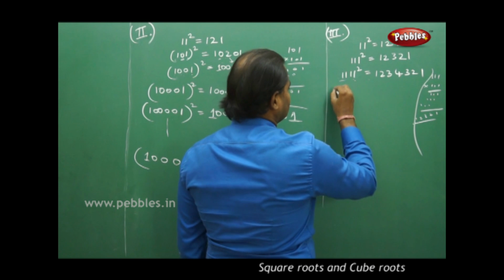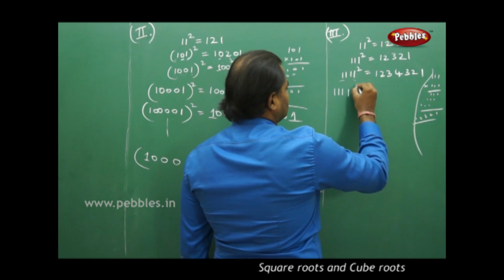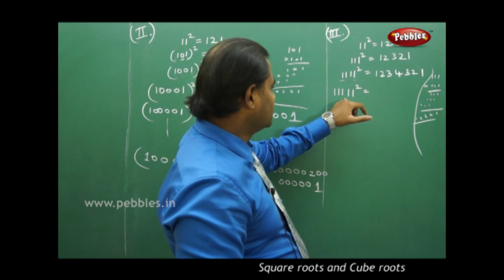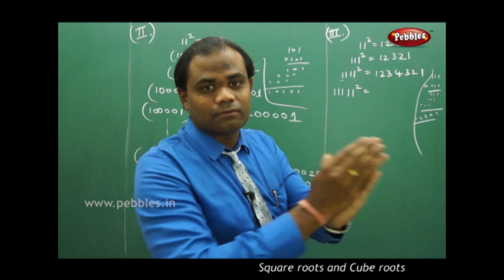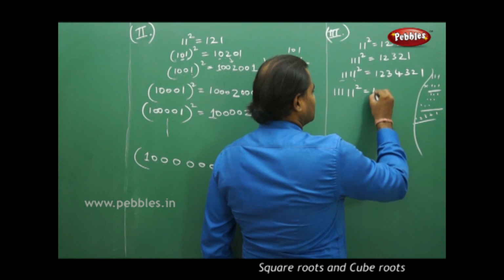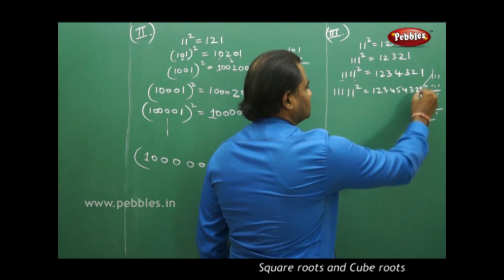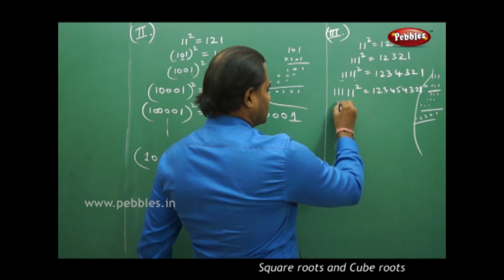Similarly, if I have 5 ones which are squared, I increase from 1 to 5 and then from 5 to 1, so this becomes 1, 2, 3, 4, 5, 4, 3, 2, 1. This is how the construction happens.